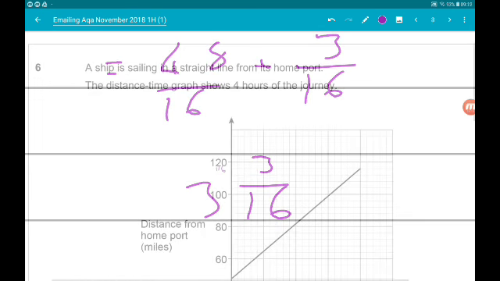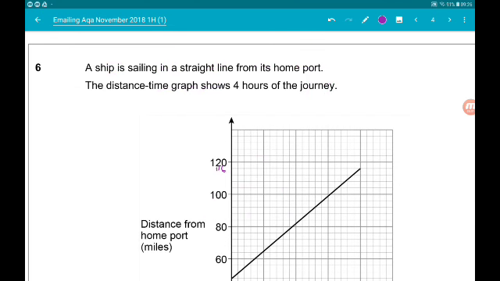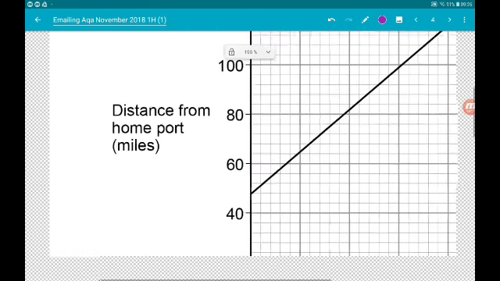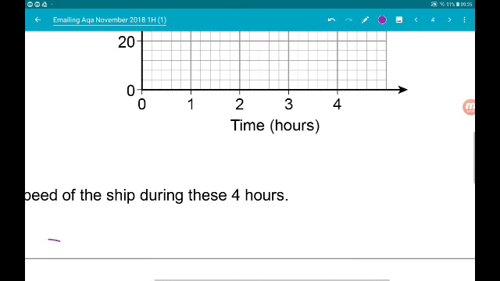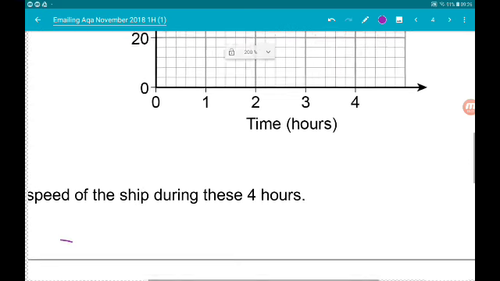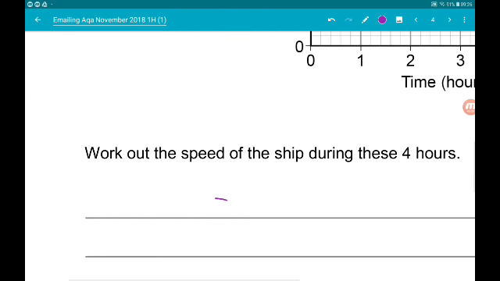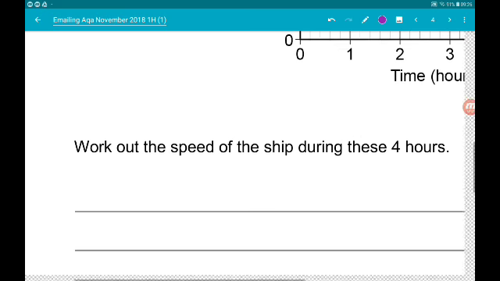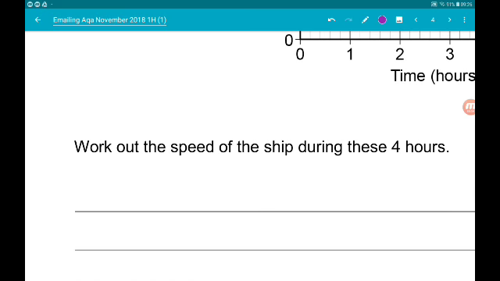Cool. Number 6. A ship is sailing in a straight line from its home port. The distance time graph shows 4 hours of the journey. We've got distance from the port in miles and time in hours along the bottom. We want to work out the speed of the ship during these 4 hours.